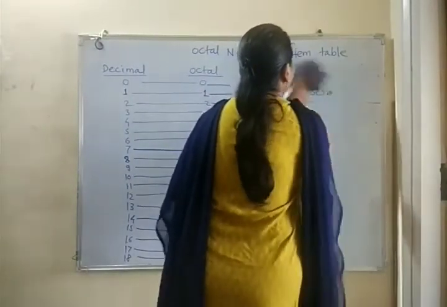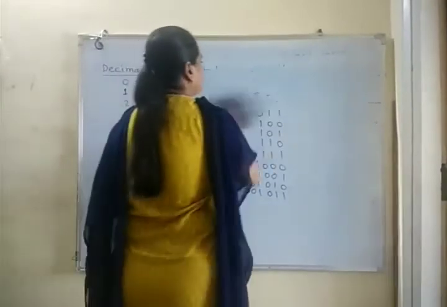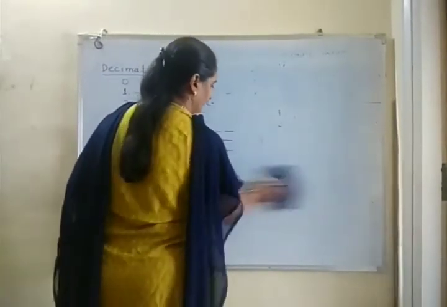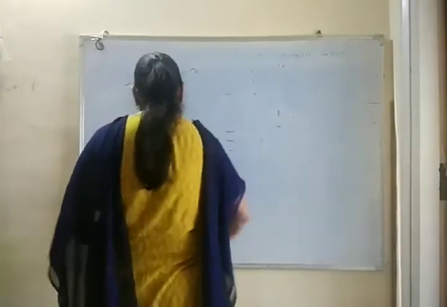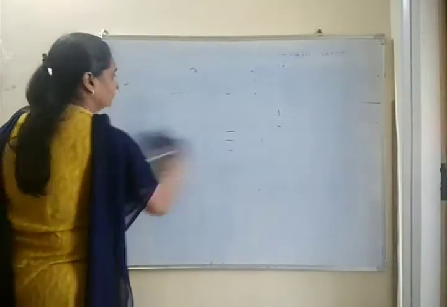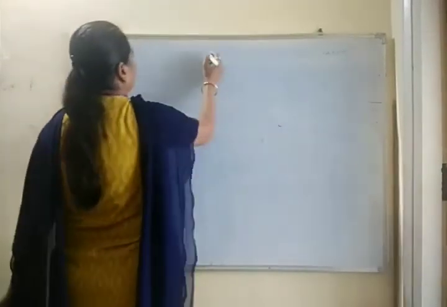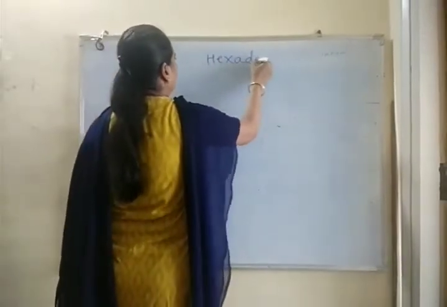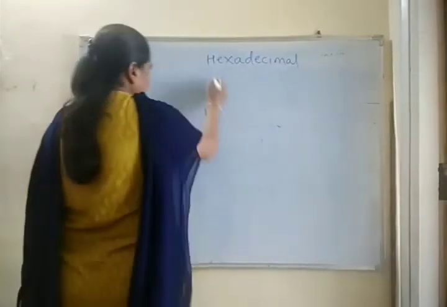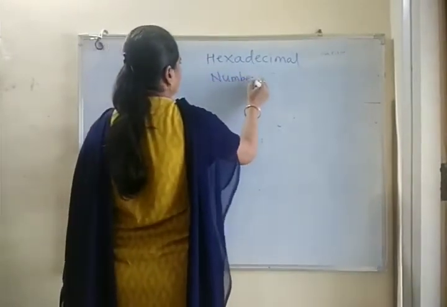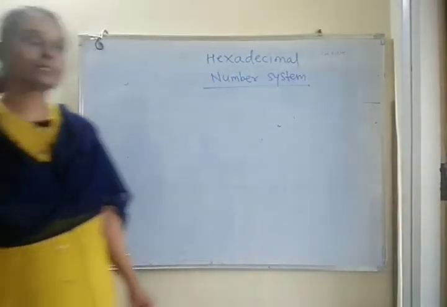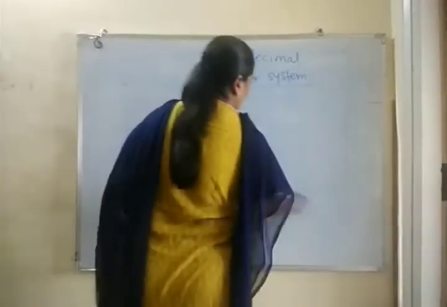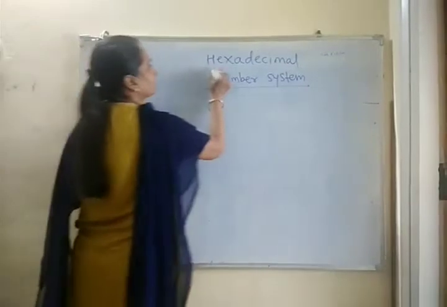Next one is the hexadecimal number system. In the hexadecimal number system, there are two words, hexa and decimal.